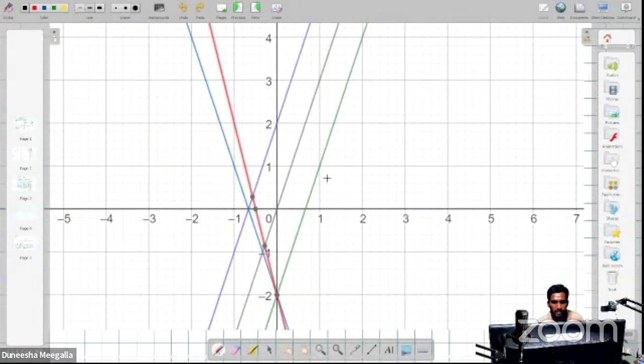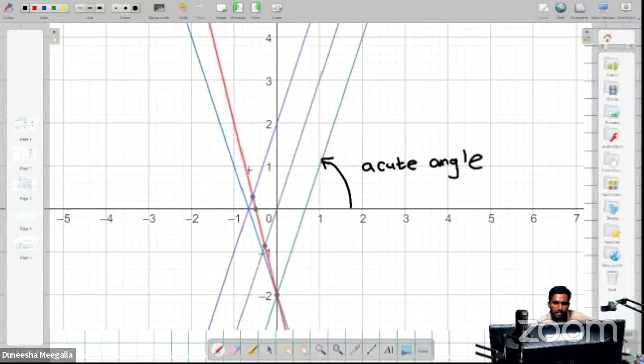Can you justify what this angle is with the positive x axis? It is less than 90 degrees. We call it an acute angle. Yes, acute angle.